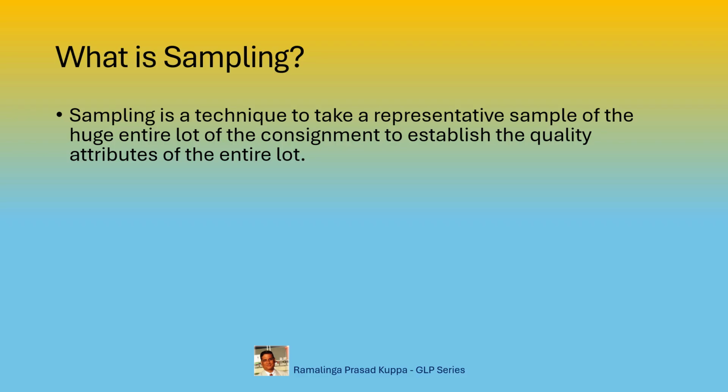The sample must be representative of the lot. That means the quality attributes of the small amount of the product collected should be attributed to the entire lot of the consignment. So, is it not important to know deeper into the subject?